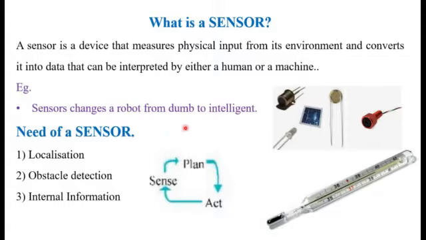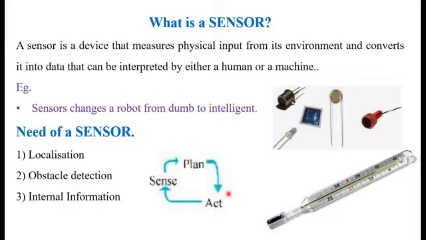These sensors are needed for localization, to detect obstacles in the path, and to collect internal information from the system, from the machine. Basically these sensors sense the input data, then plan on that input data, and act accordingly in order to get the output signals.